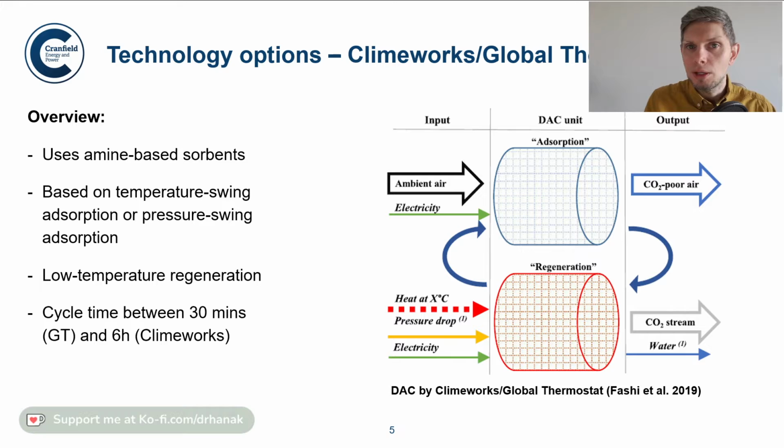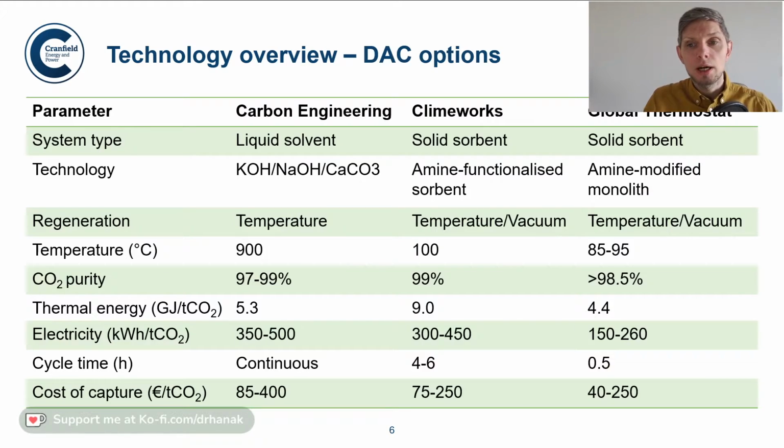And in my view, this is a very nice integration between direct air capture and renewable energy. So when you look at the comparison of those technologies, you've got the high-temperature technology, which is Carbon Engineering, with 900 degrees Celsius regeneration. Well, it depends on the sorbent that they use to regenerate.